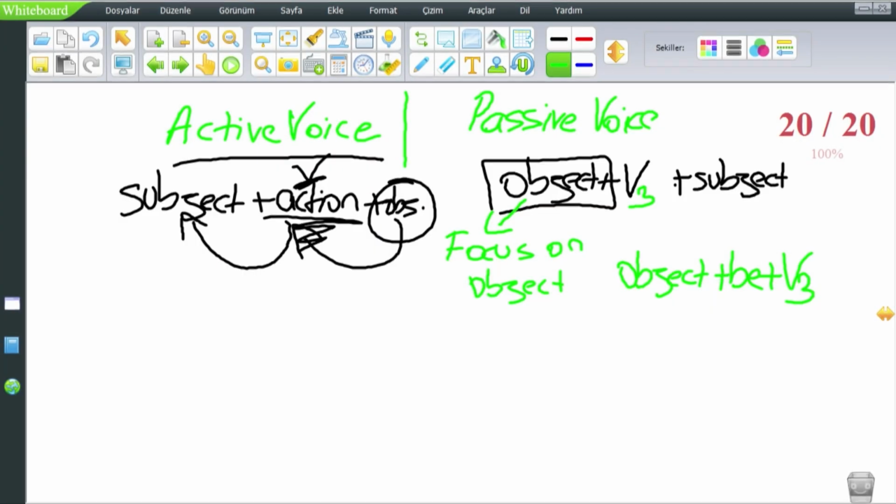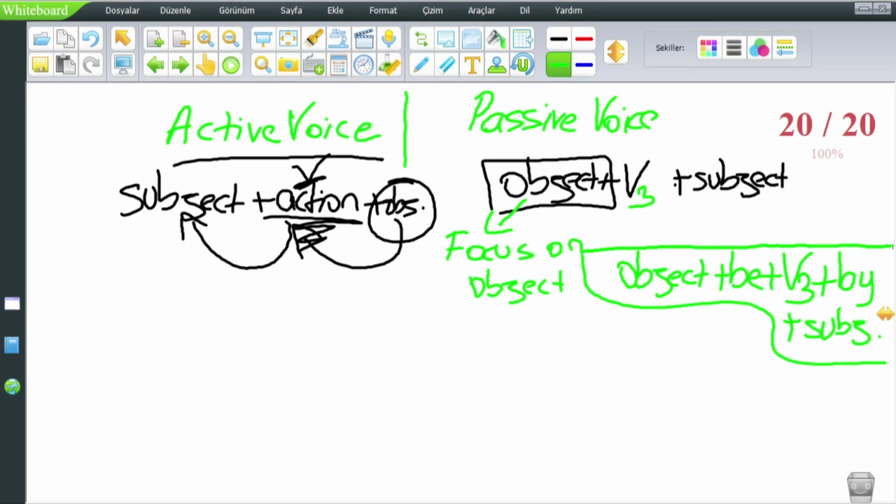We don't necessarily have to use the subject at the end, but if we want to, I can add by and the subject. This is how we create or write or use our sentences using passive voice.